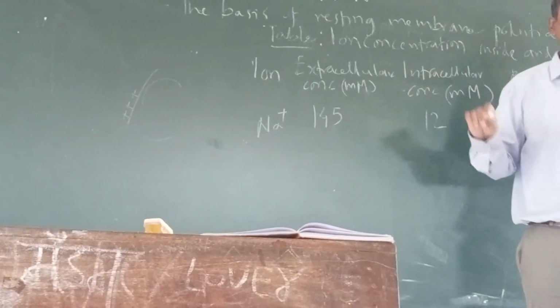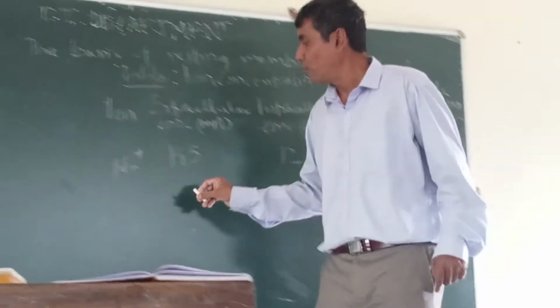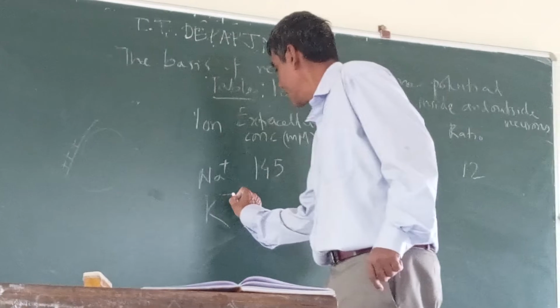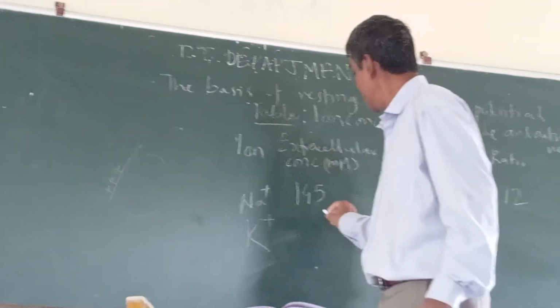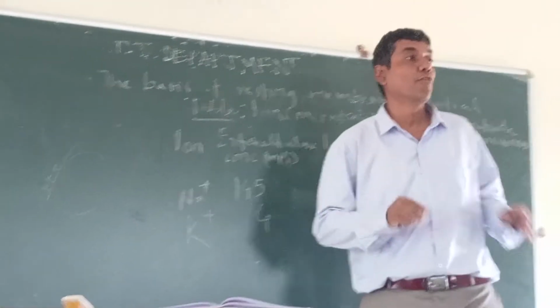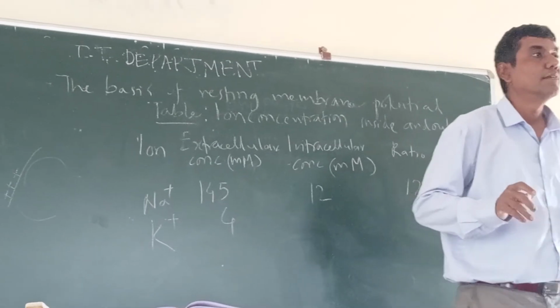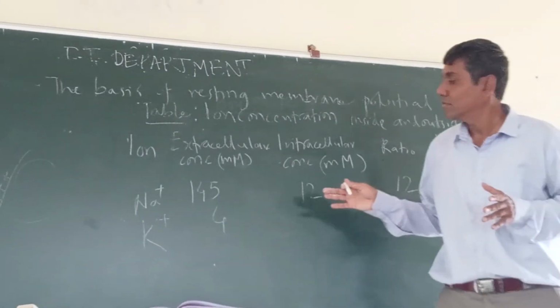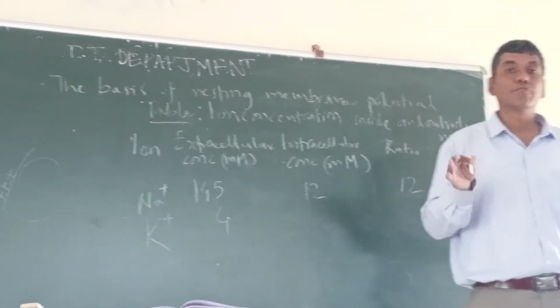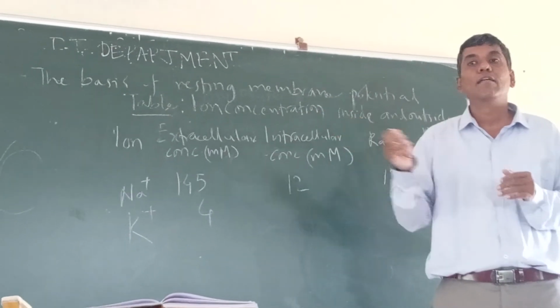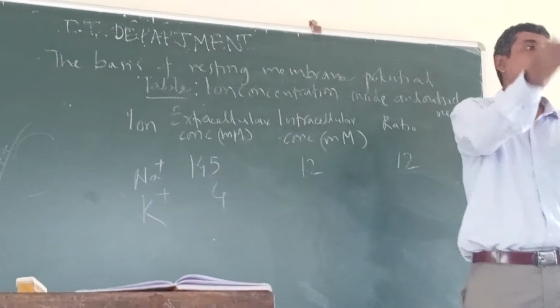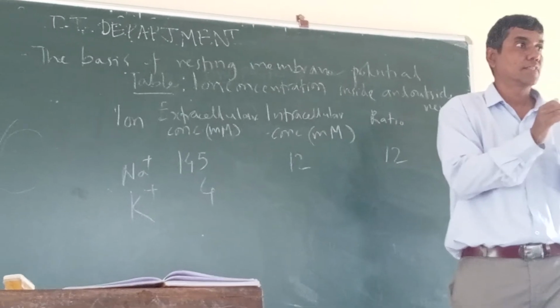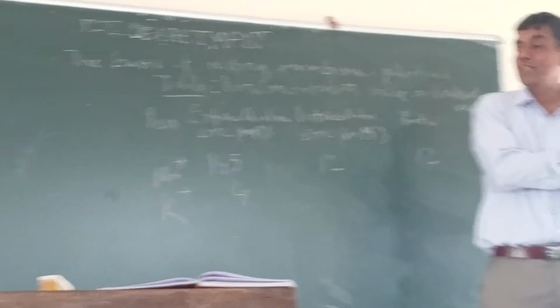Now we will check the concentration for potassium. The potassium extracellular is just 4 millimolar. Potassium ions are less in concentration outside the plasma membrane compared to the sodium ions.